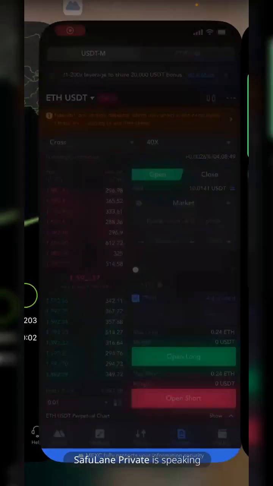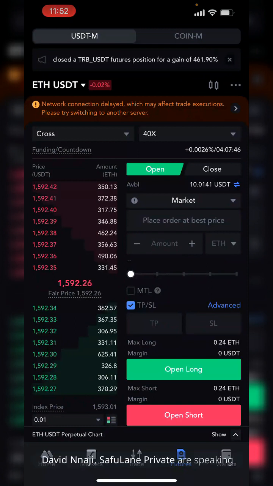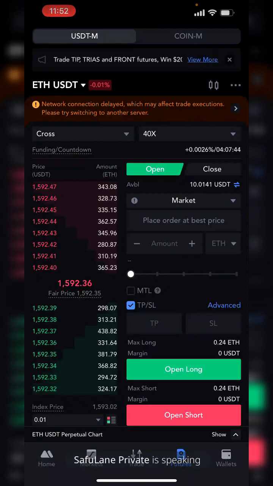Yeah, this is what happened. One thing you should understand is that sometimes these exchanges set some things to happen intentionally. For example, at that moment you wanted to flash close, a lot of people might be at profits, trying to close that trade at profit at the same time.